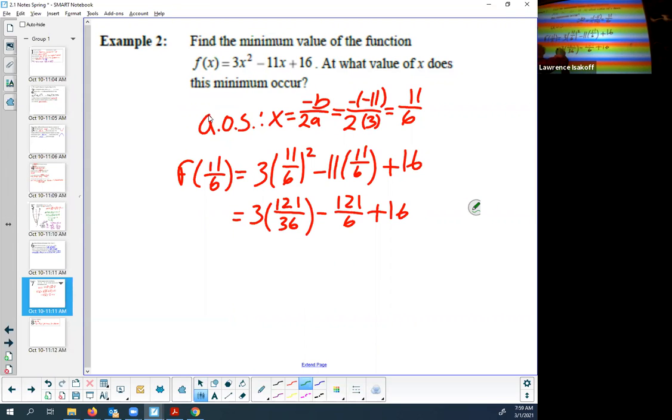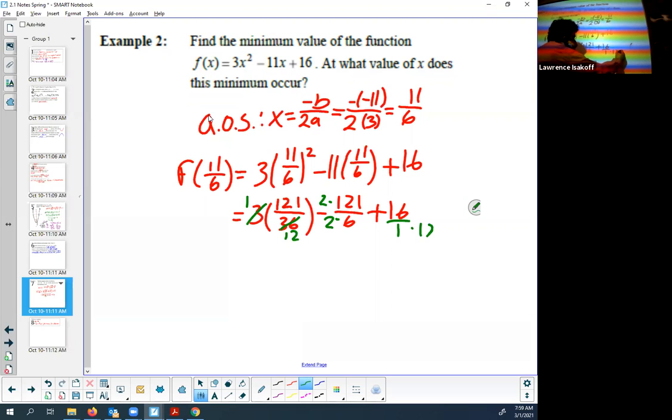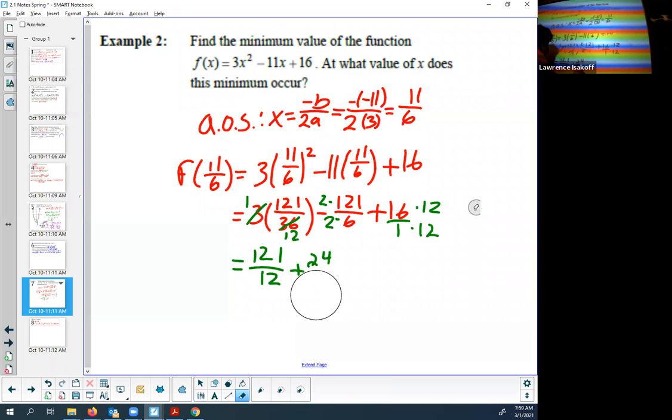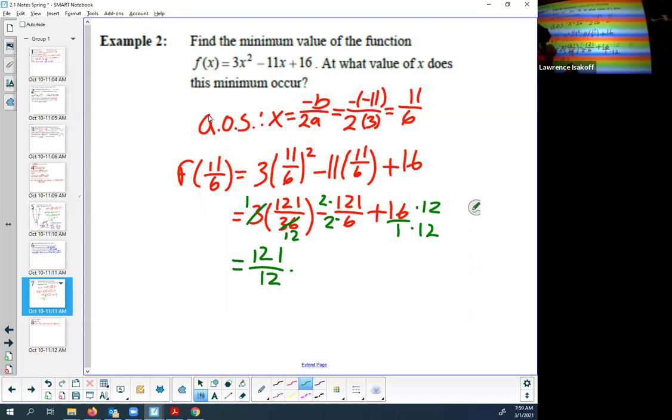Let's see, this can reduce to a 1 and a 12, and that can make my common denominator here 12. So I'm going to multiply this by 2 and 2, and then this is really 16 over 1 times 12 over 12. So that's going to be 121 over 12, minus 242 over 12.